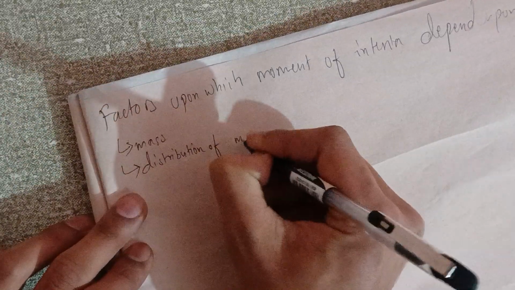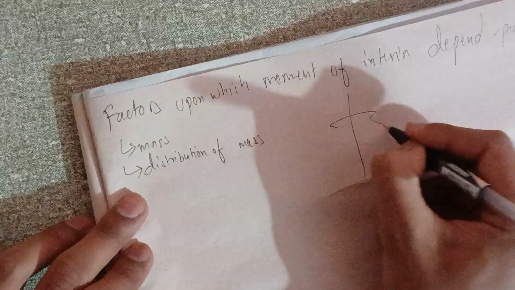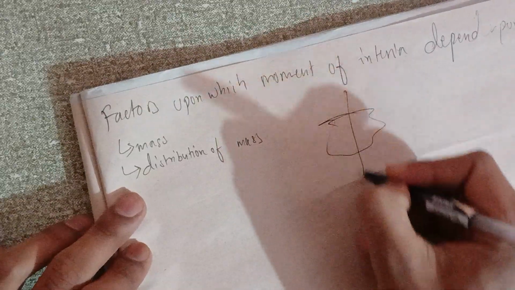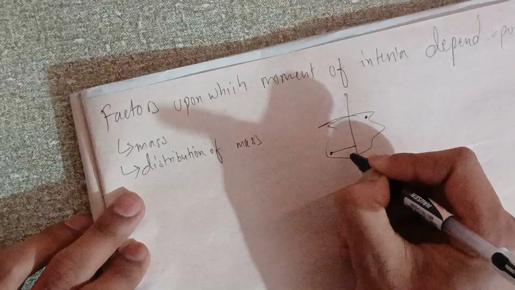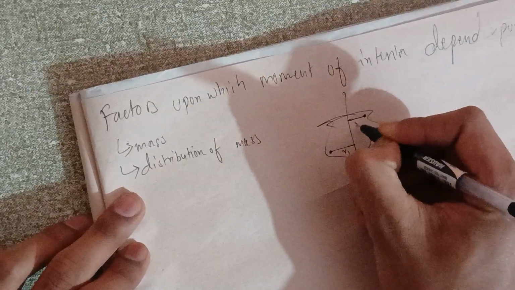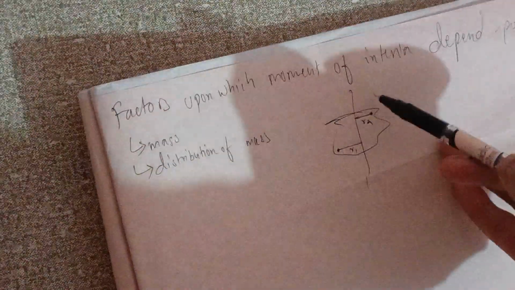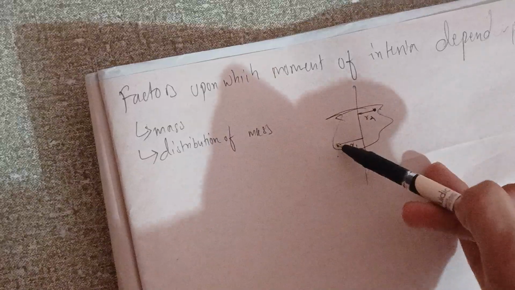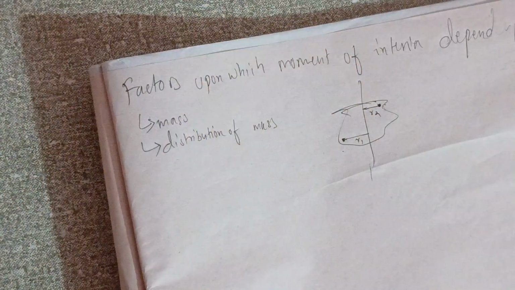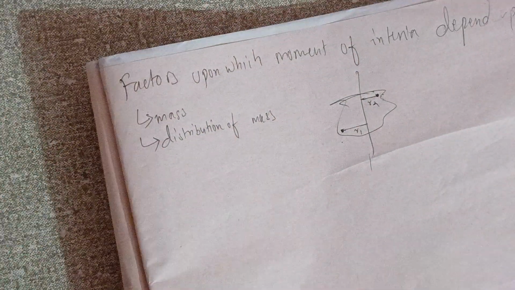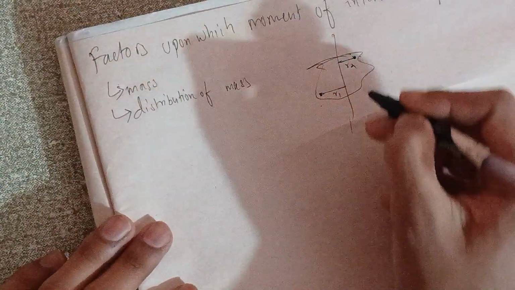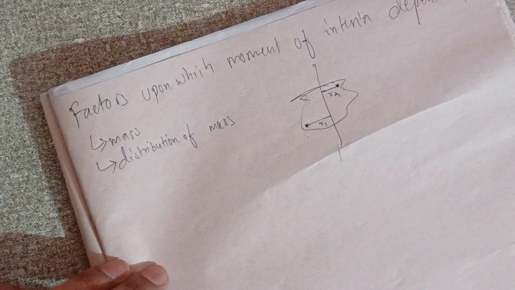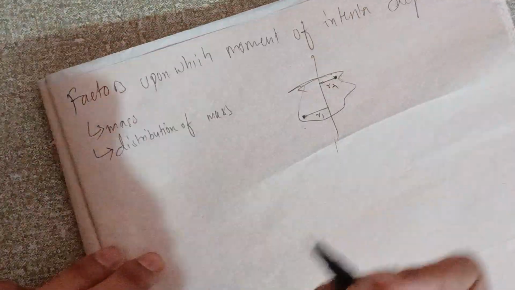For example, this is a random body and this is the axis, then there is a mass right here and a mass right here. The radius is different. So even for the same mass of these two particles, the moment of inertia experienced by them is different because of their radius. So the distribution of mass changes the inertia.